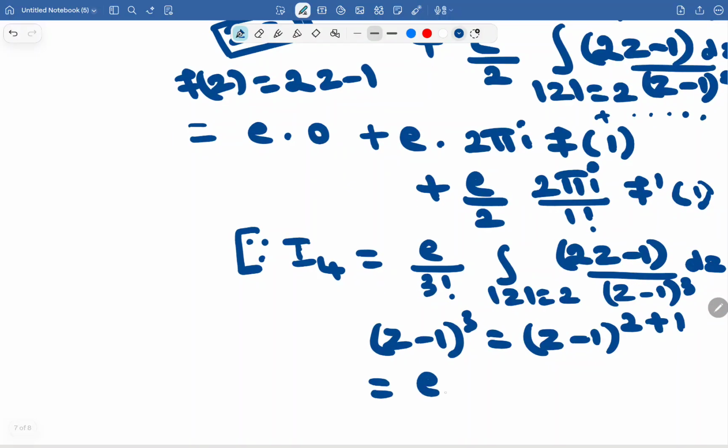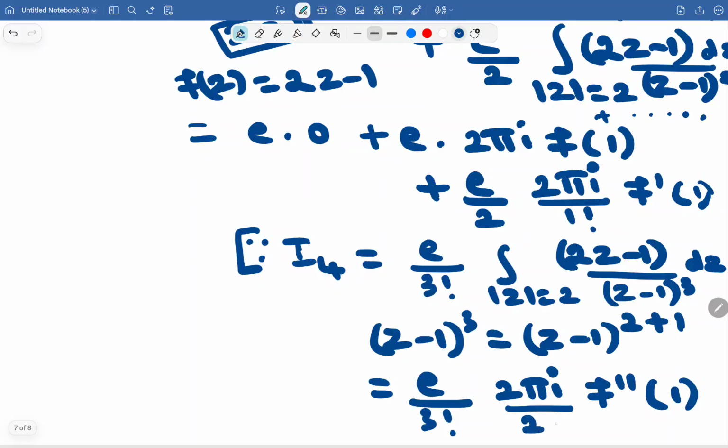For this, e by 3 factorial into 2 pi i into f double dash of 1. Here also z equal to 1 is the only pole that lies inside the circle mod z equal to 2.